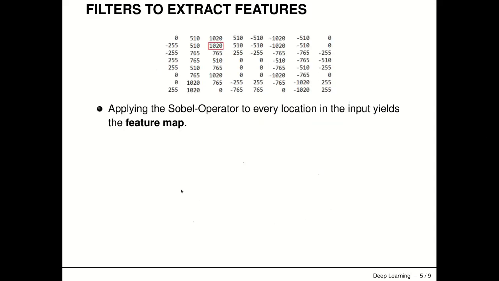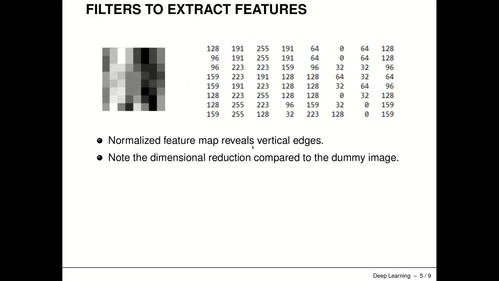And by applying the Sobel filter at every location, at the end we will have a matrix, which we call the feature map. In order to get these values in the same range, we normalize this feature map. By normalizing the feature map, we get these values, and we can see the vertical edges in this figure.